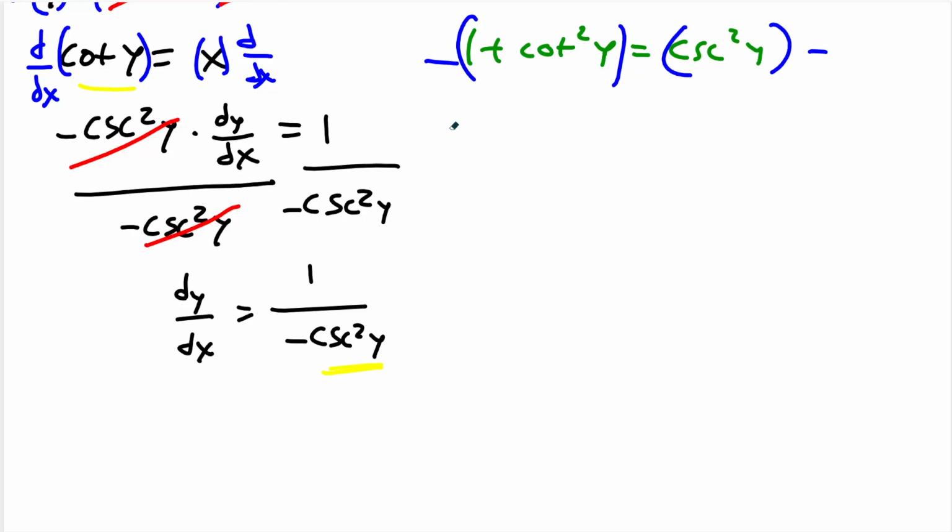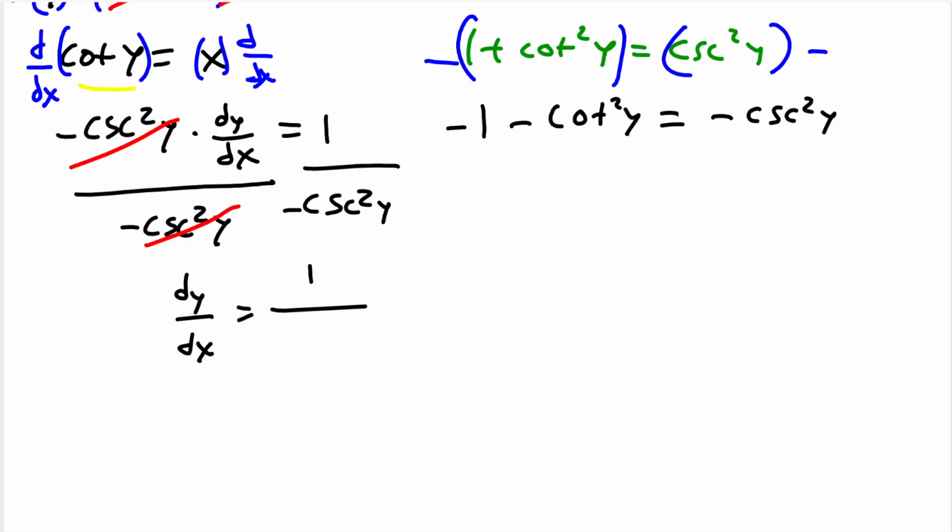So this should then be negative 1 minus cotangent squared of y equals negative cosecant squared of y here. Or we could just add the negatives. Would the negatives cancel? Let me see. This should be negative cosecant squared of y.